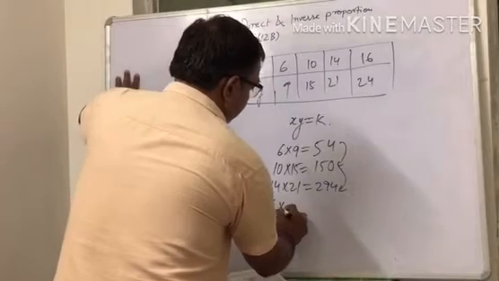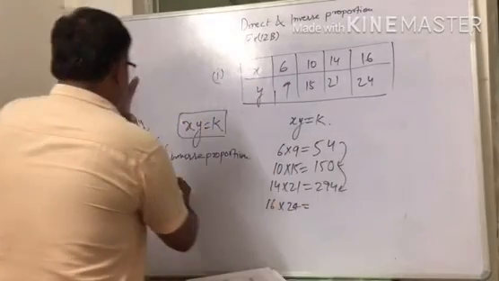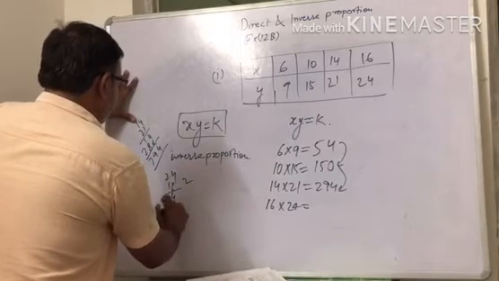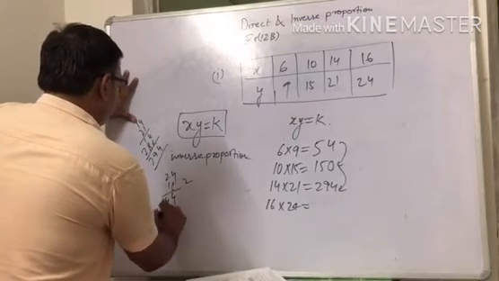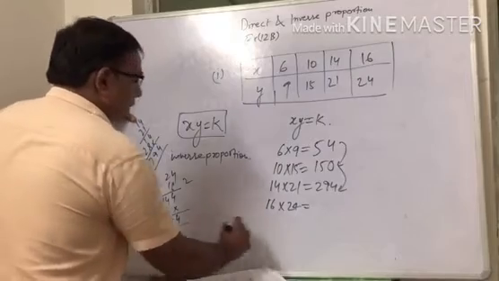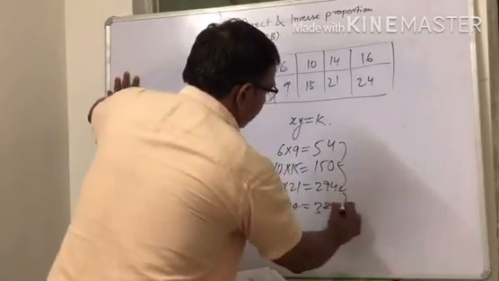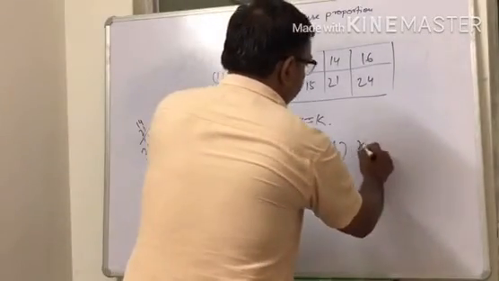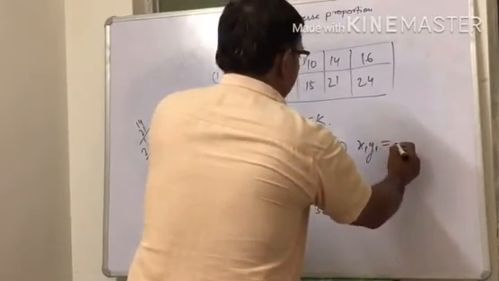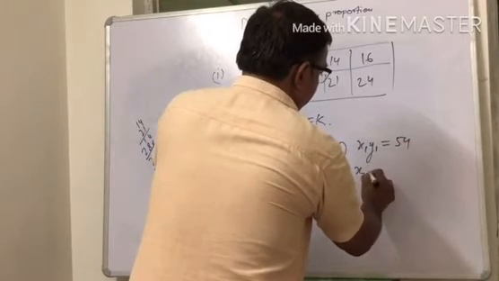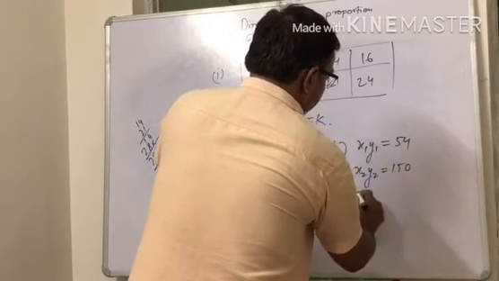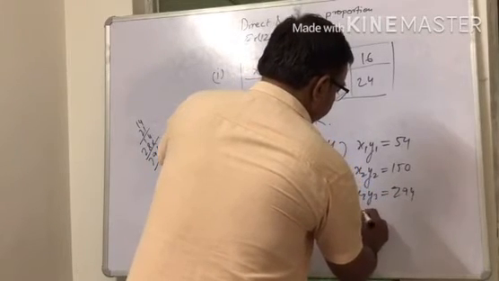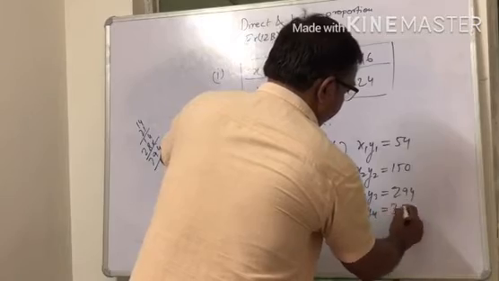You can multiply the last one also, 16 times 24. This is 384. All the values are not equal. Means first x1 y1 is equal to 54, x2 y2 is equal to 150, x3 y3 is equal to 294, x4 y4 is equal to 384.